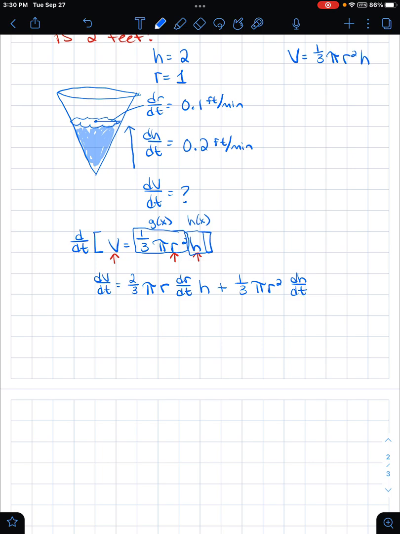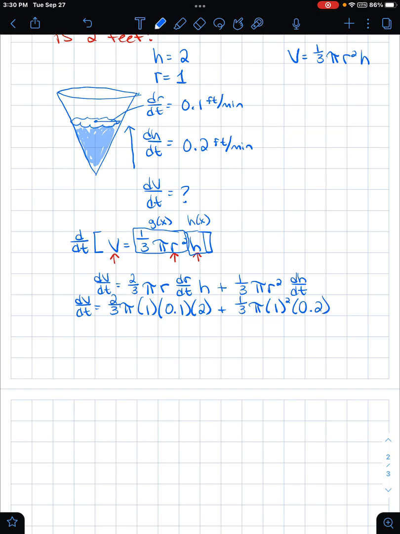Okay, finally for my last step, I'm going to plug things in. I'm looking for dV/dt. I'm going to replace everything I know. The radius in this moment in time is 1. I know dr/dt is 0.1. I know the height is 2. 1 squared. And dh/dt is 0.2.